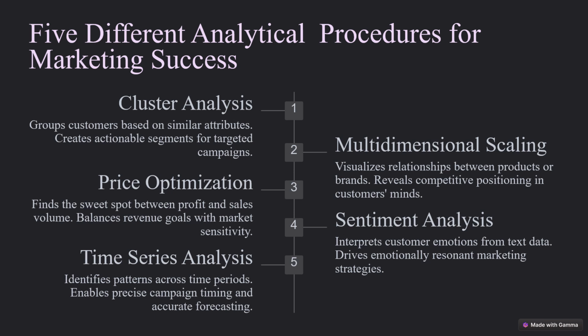Today we are discussing five different analytical procedures for marketing success. They are cluster analysis, multidimensional scaling, price optimization, sentiment analysis, and time series analysis. When it comes to cluster analysis, it is a powerful data analysis technique used for grouping people based on their behavior, and it involves organizing a set of data points into groups based on their similarities.